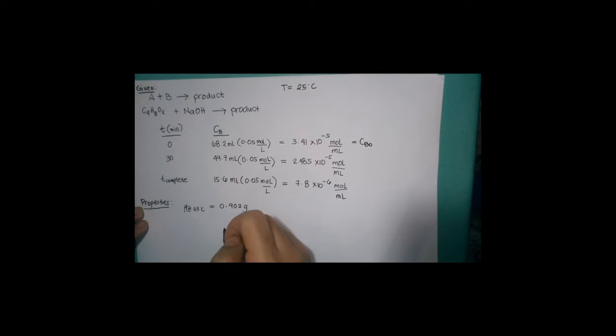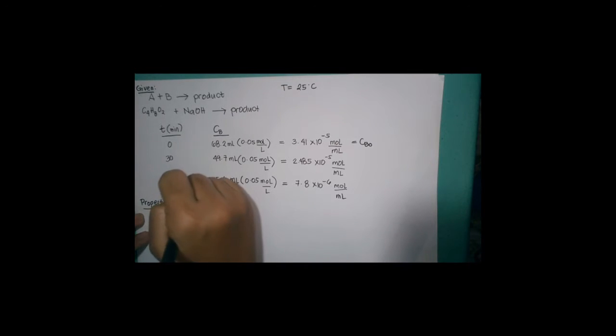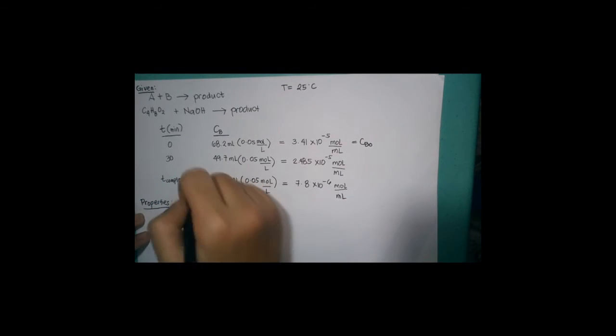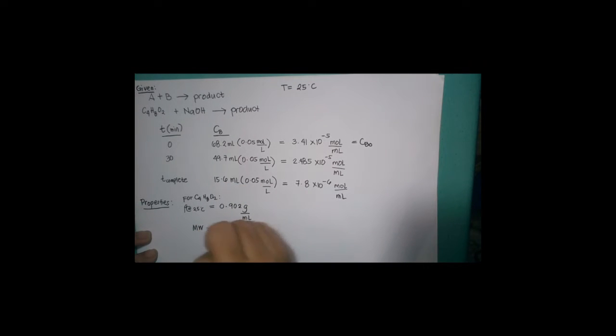We will also have the molecular weight. This is for C4H8O2, which is our ethyl ethanoate. So we have the molecular weight of 88.11 gram per mole.